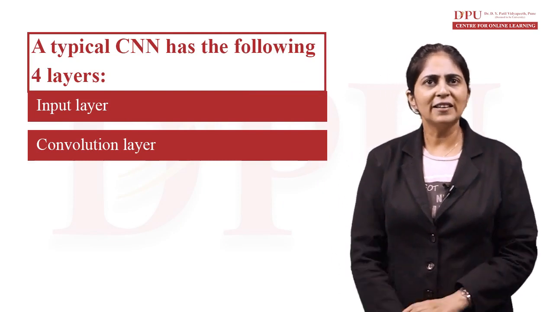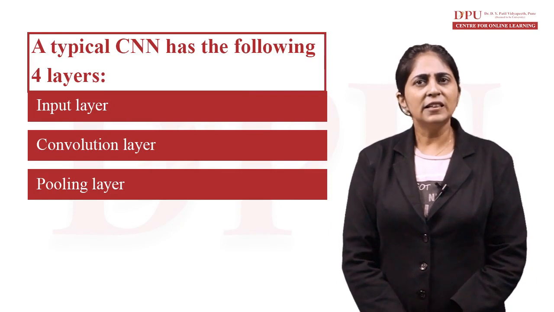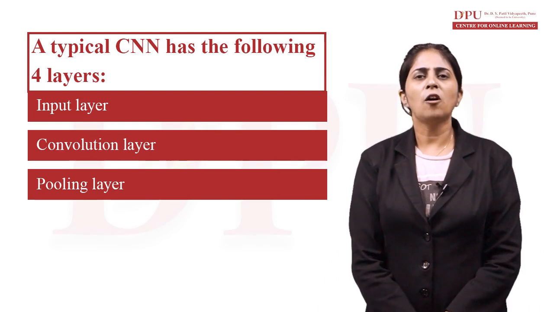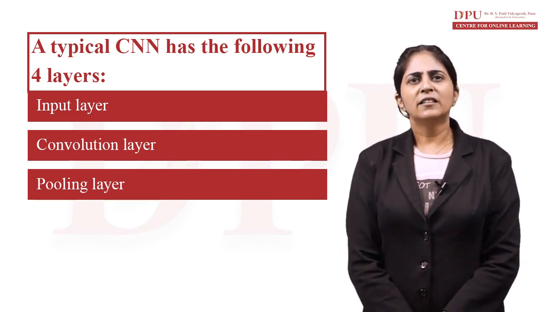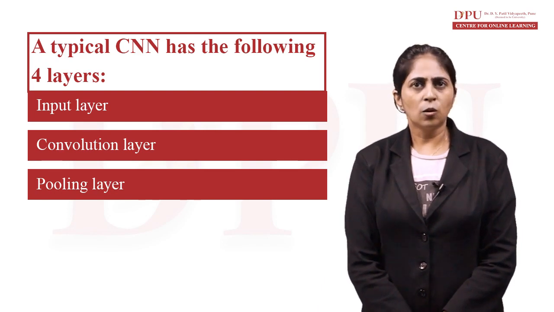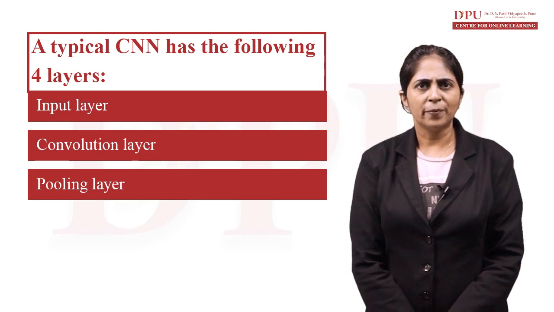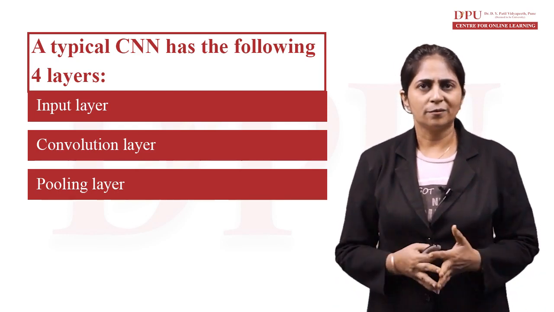Comes the next layer, that is the pooling layer. The pooling layer performs downsampling to reduce the spatial dimensionality of the input. It decreases the number of parameters, which in turn reduces the learning time and the computation time, and even the likelihood of overfitting.